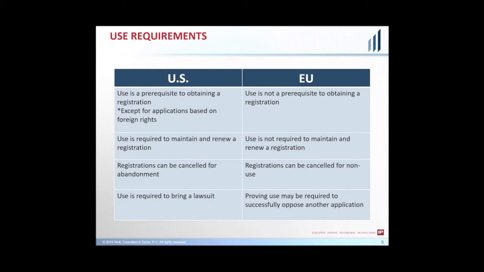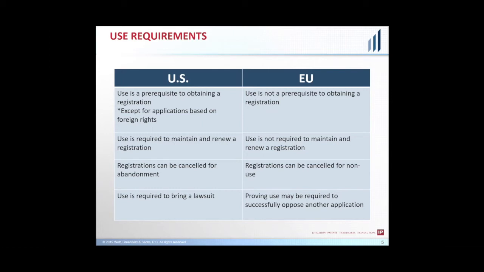So if you apply to register your mark in the US through the World Intellectual Property Organization or WIPO's Madrid system, or based on a registration certificate from your home country, you do not have to demonstrate use of the mark before obtaining a registration. And this can be a major benefit for companies based outside the US. And just like use is typically required to obtain a registration, use is required to maintain and renew that registration as well in the US.